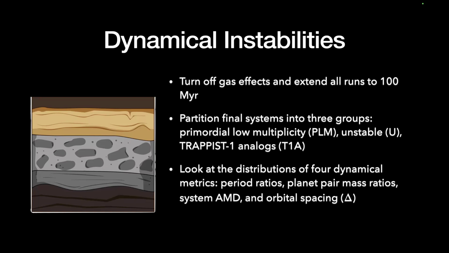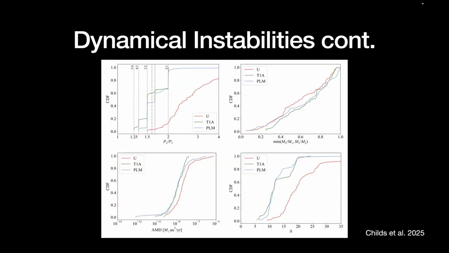We look at the planet pair mass ratios, the system angular momentum deficit, which is basically a measure of how excited the orbits are in that system, and also the distribution of the delta metric, which is the orbital spacing of the planetary system.